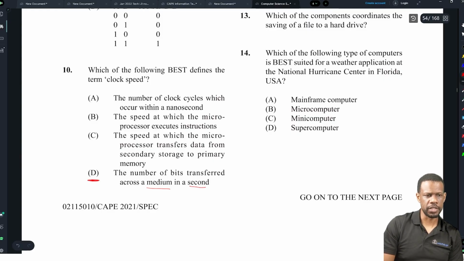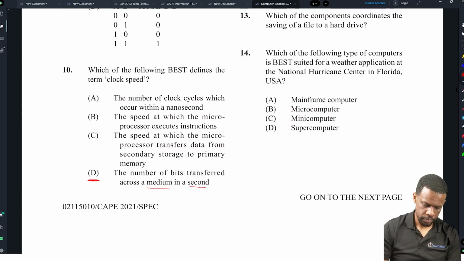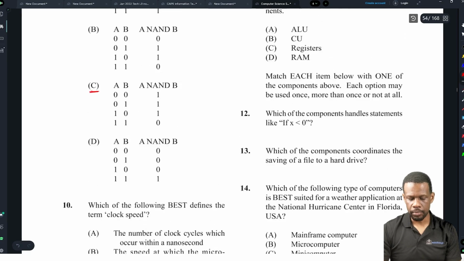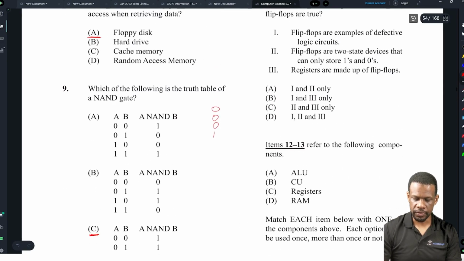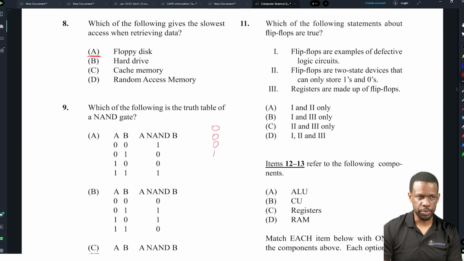So if it's going to be measured in hertz, you have to have per second, and nothing else has per second in it. Clock cycles within a nanosecond is definitely not nanoseconds. All right, so D will be the closest one there. When we check the specimen paper answers, we'll see if they match up and dispute or complain when necessary.